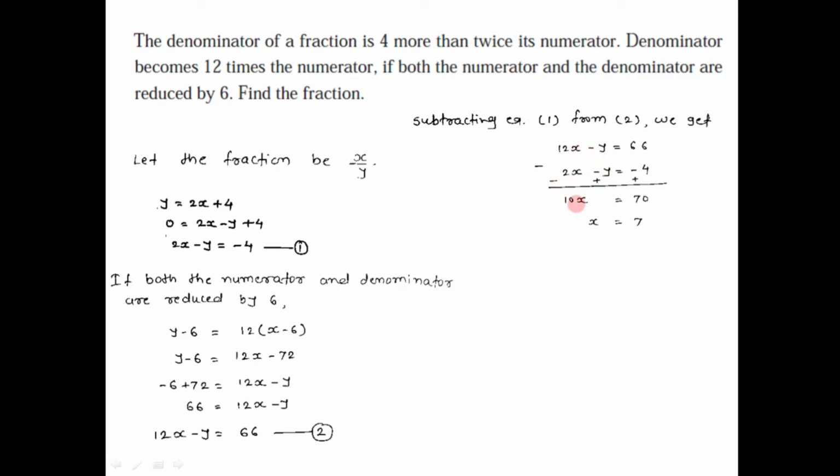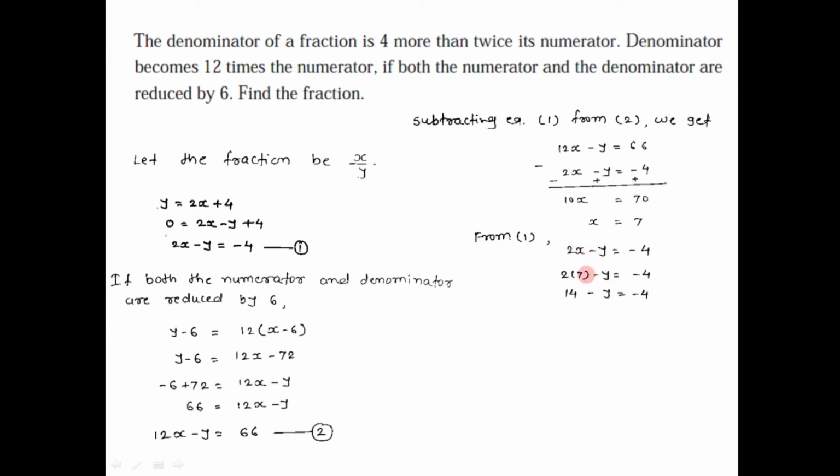12x minus 2x, that is 10x, is equal to 66 plus 4, that is 70. Now if we take 10 to the right hand side, it will be 70 divided by 10, that's 7. So the value of x is equal to 7. From this we can find the value of the second variable y. For that we use equation number 1, which is 2x minus y is equal to minus 4. In this equation we replace x by 7.